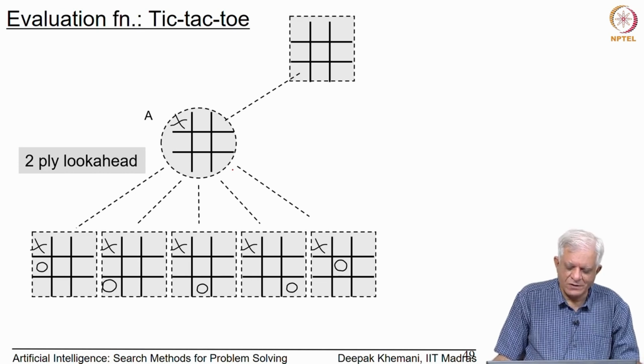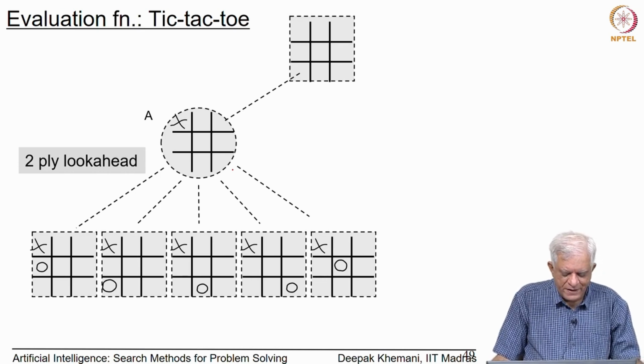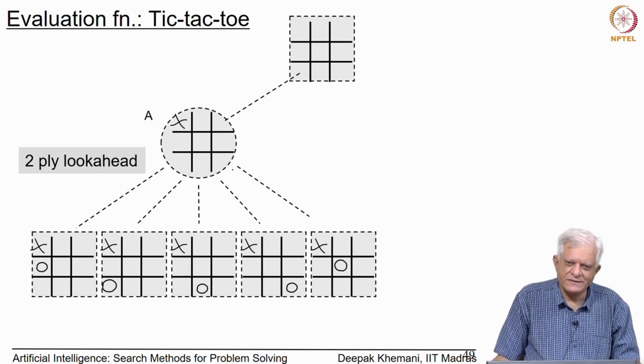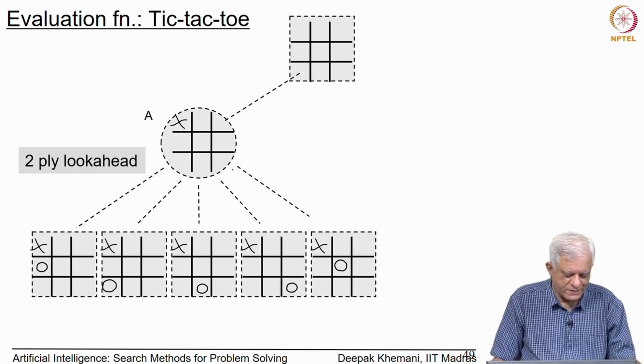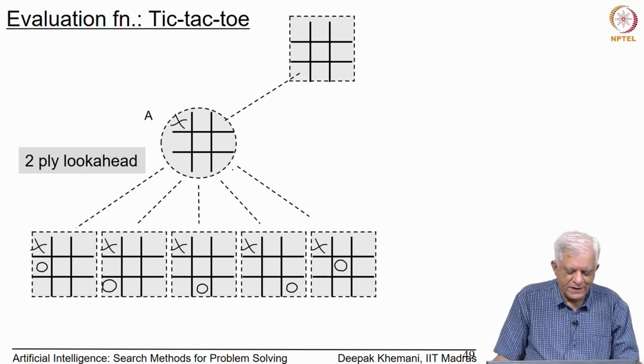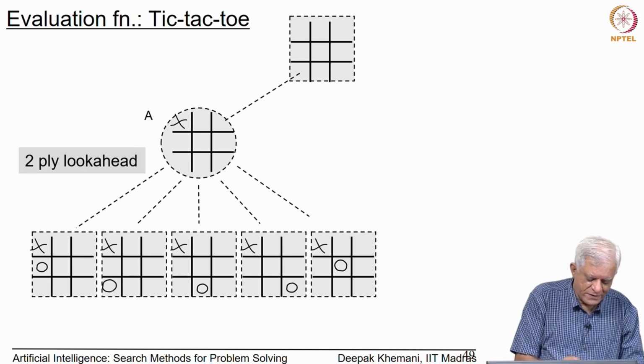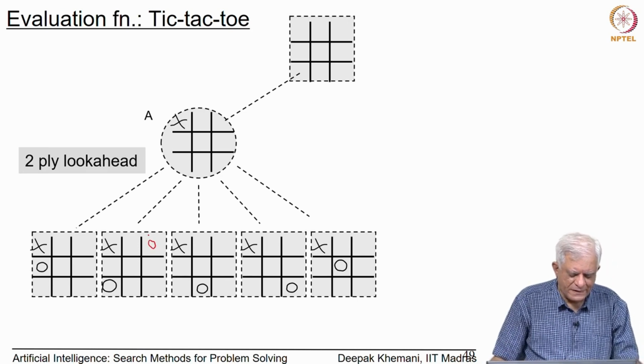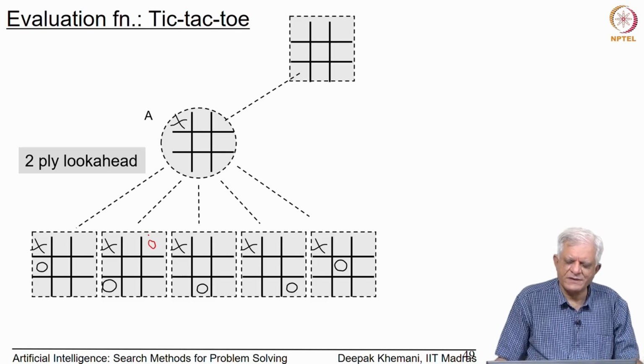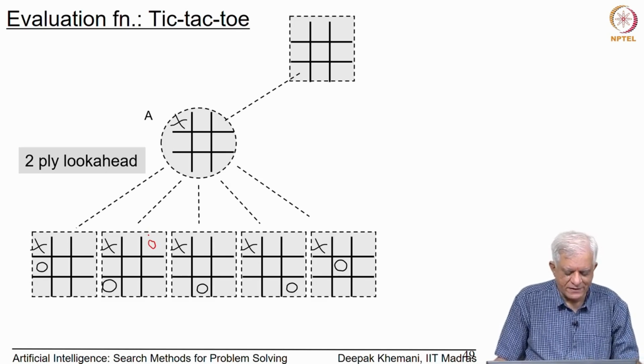So, min is putting a knot or a circle on the board, and we have just drawn all the distinct positions at which min can play the knot. In practice, of course, there are 8 possible positions in which min can play a knot, but some of them are symmetric with respect to each other. So, for example, in the second board position, if min were to play a knot here, then the 2 positions are strategically identical.